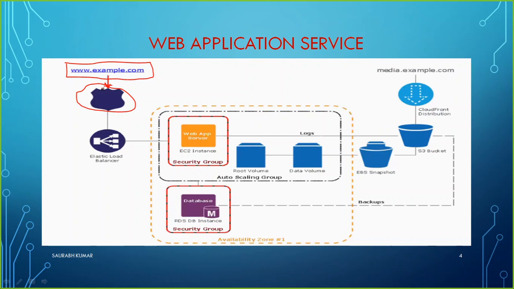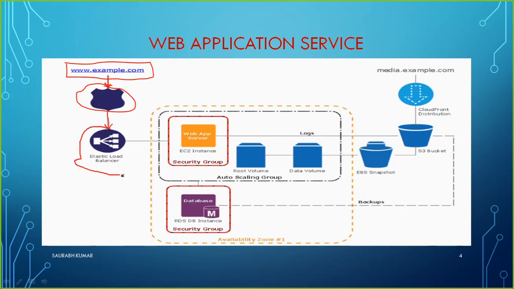What is the task Route 53 is going to do? It will resolve this query with the help of the domain name to the IP address. Our domain name, or site name, is www.example.com. It will be resolved to the relevant IP address, and if that IP address is of a load balancer, the request will now go to the load balancer, the elastic load balancer.